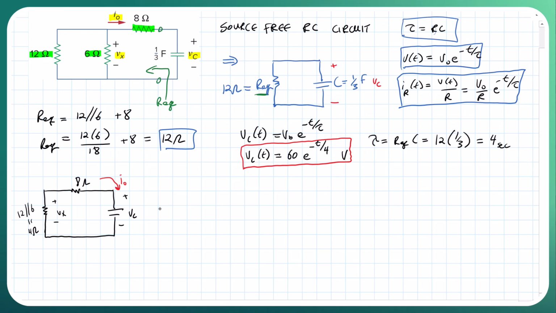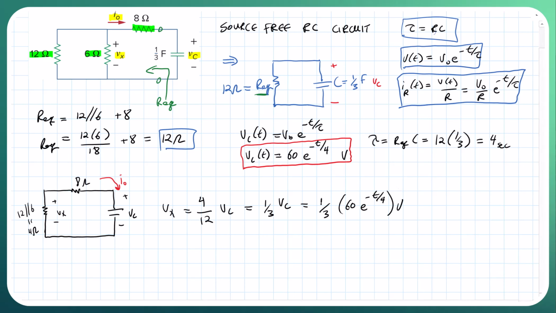We can go back and solve for Vx. V sub x is equal to 4 over 12 times Vc, and this equals 1/3 Vc, which equals 1/3 the equation we just came up with, 60 e to the minus t over 4, all in volts.